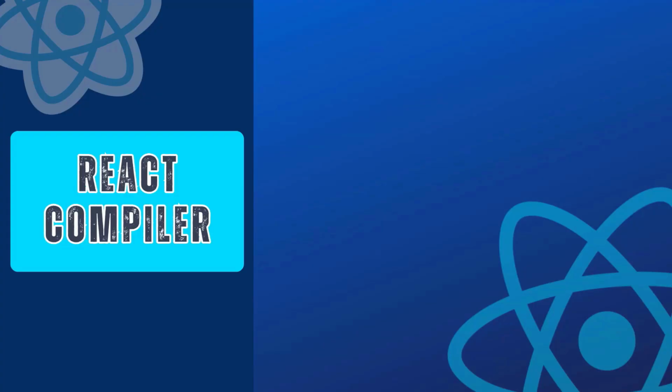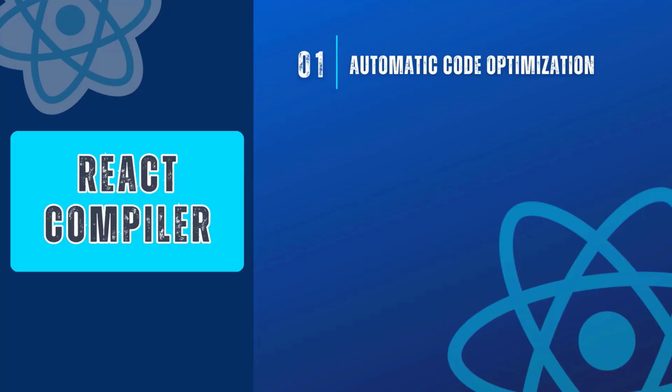This is a game changer for performance. The new React compiler automatically optimizes your code during the build process. This means it analyzes your components and makes them more efficient, leading to better performance without any extra work from you. By optimizing how components update, the React compiler reduces unnecessary re-renders.